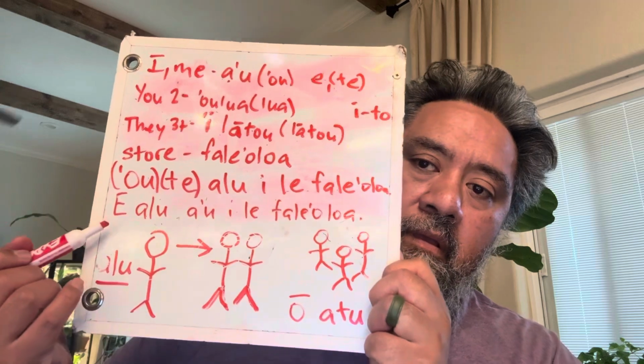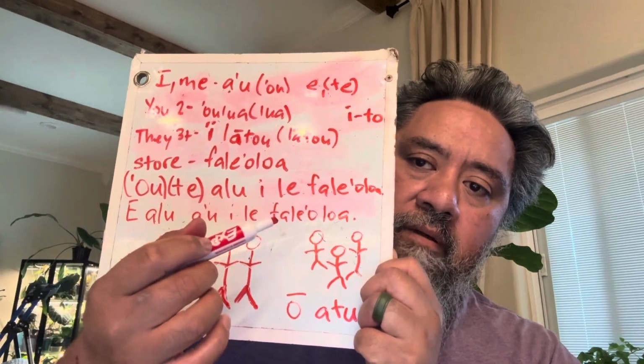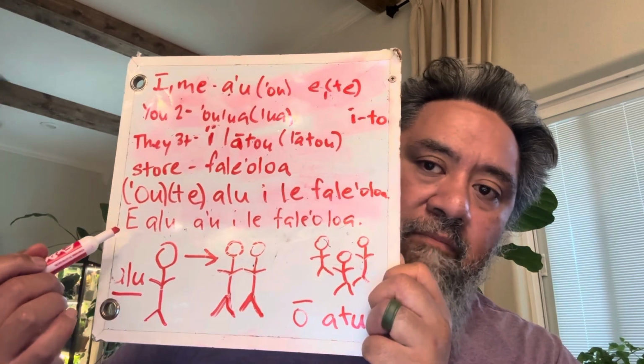Now the other way you can say that, using the long form, I would start it with e. E alu au i le faleoloa. E alu au i le faleoloa. Same thing.